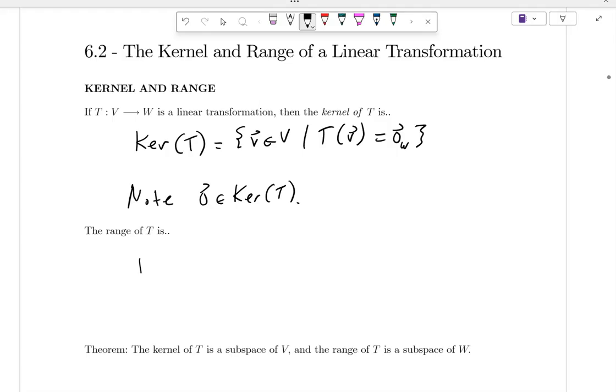The range, which we denote RAN of T, is everything in your codomain that is the output of something.